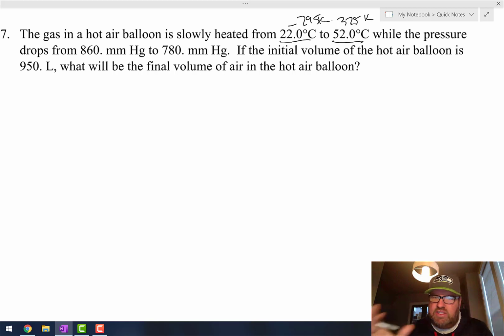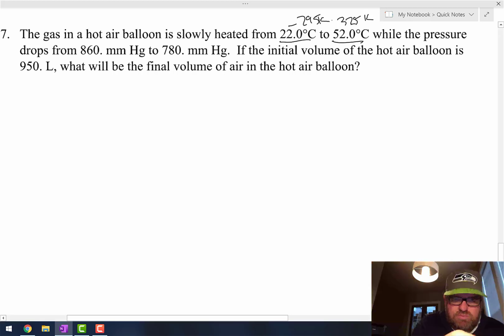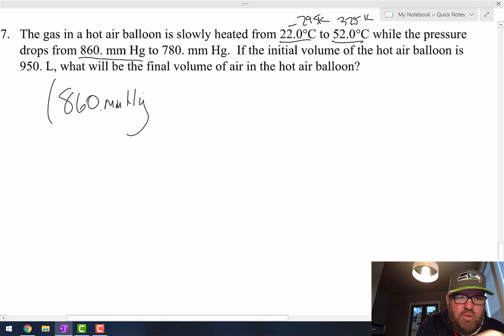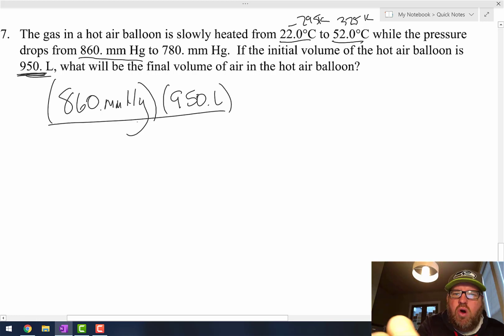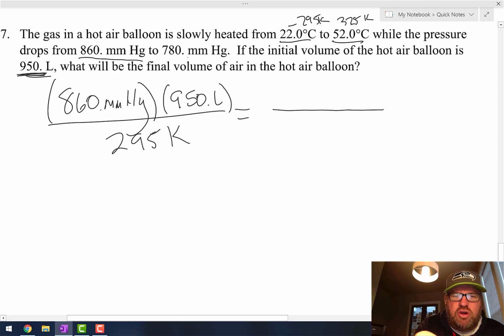So again, nothing's staying constant. So we're going to have to use the whole thing. So our initial pressure is 860. So there's our P1. Our V1 is our initial volume, that's 950 liters over our initial temperature, 295 Kelvin. Our final pressure is 780.